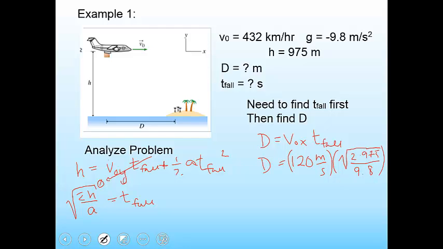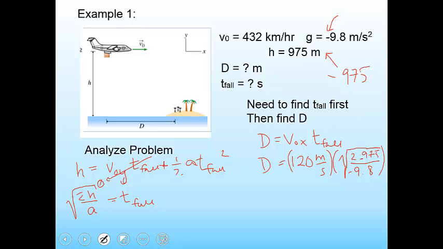Now let's talk a little bit about signs here. Because we're falling down, this height should actually be negative 975, and this g is also negative, and those minus signs for both of those actually cancel each other out, giving you a positive.